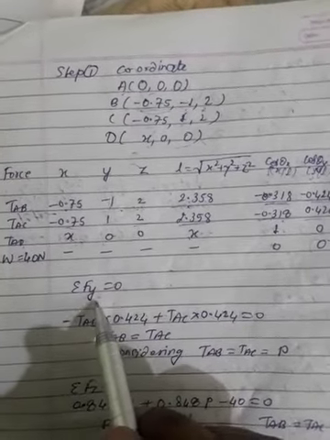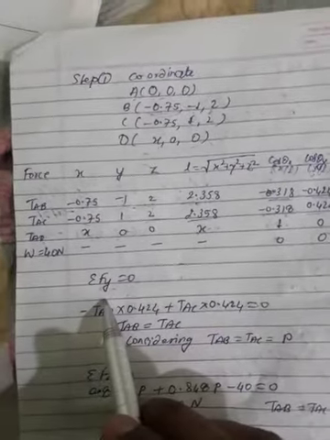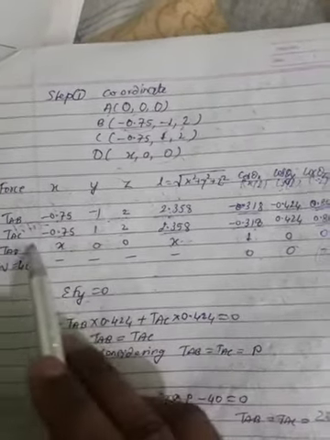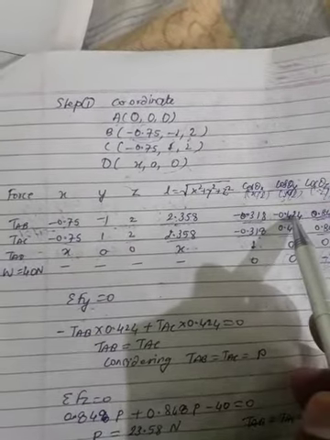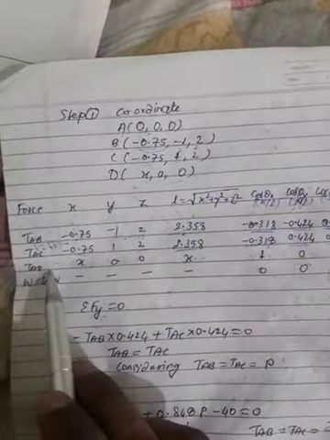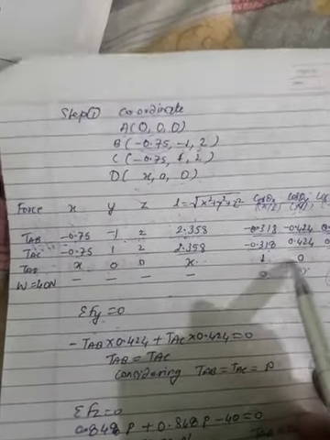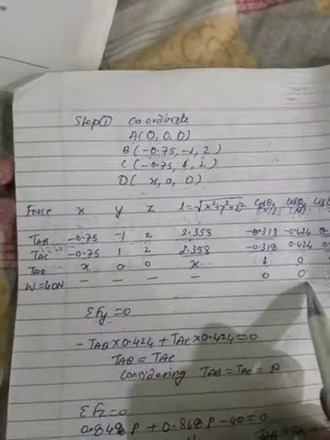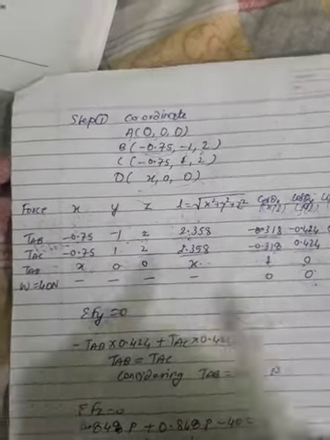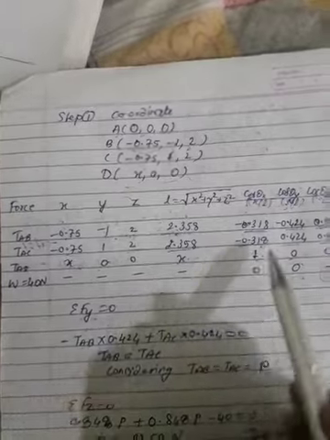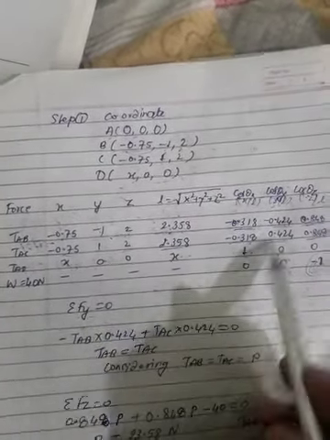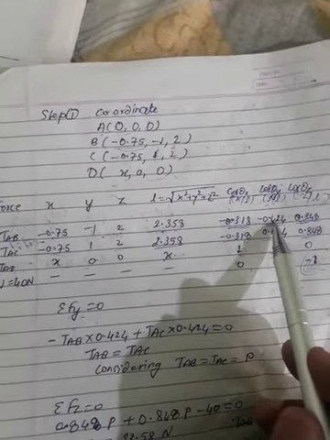By applying summation of y equal to 0, I am multiplying TAB into the cos theta y value, TAC into the cos theta y value, TAD into the cos theta y value, and W into the cos theta y value.